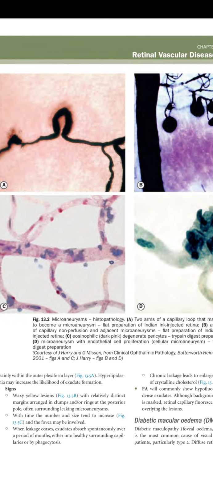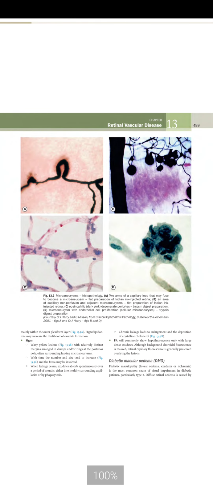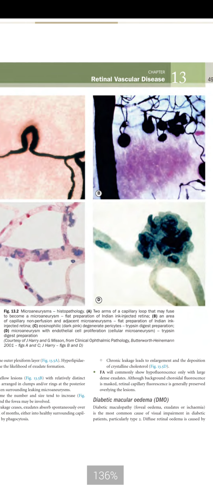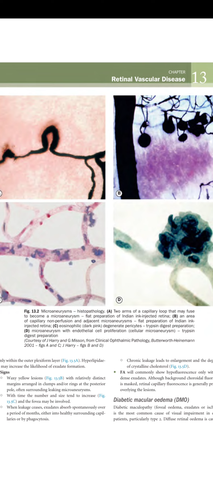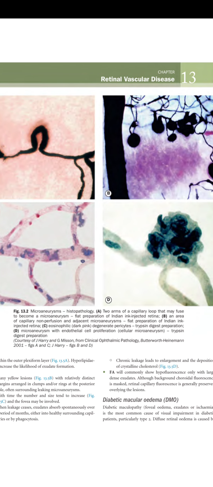So this is a microaneurysm histopathology. You can see that there are two arms of the capillary loops which can fuse together to form the microaneurysm. So this is a circular microaneurysm. A is showing the two arms of the capillary loop that may fuse to become a microaneurysm, flat preparation of the India ink injected retina.